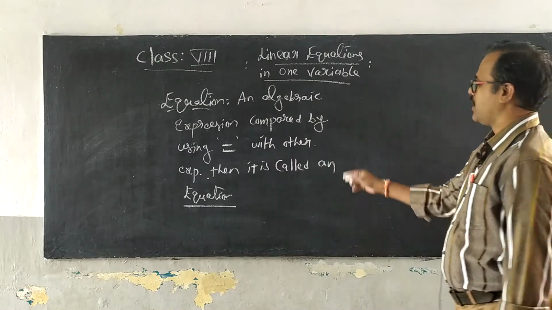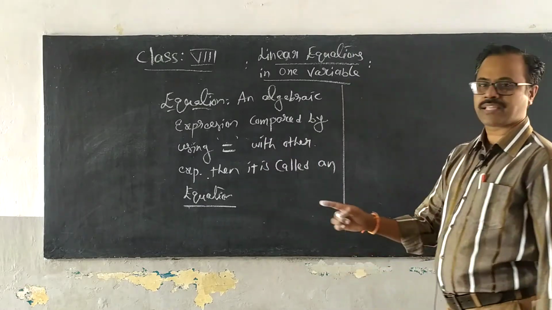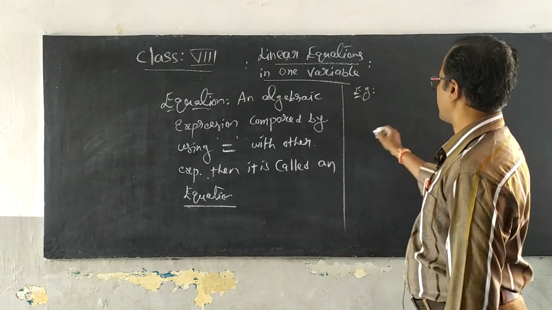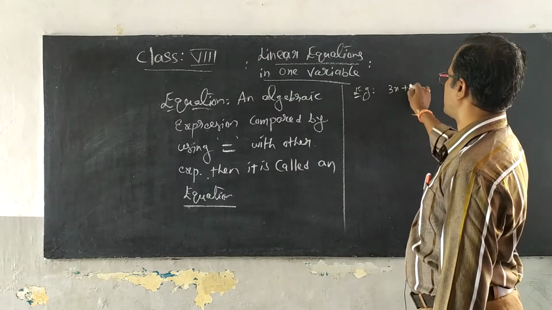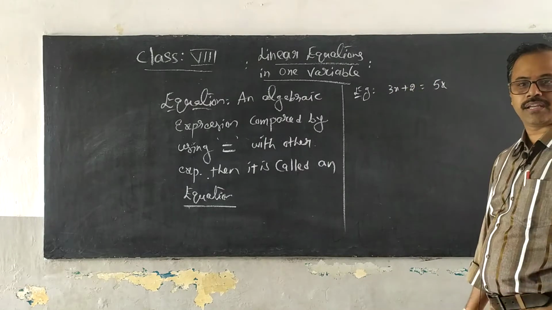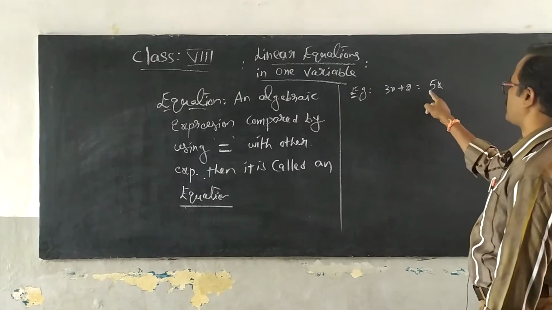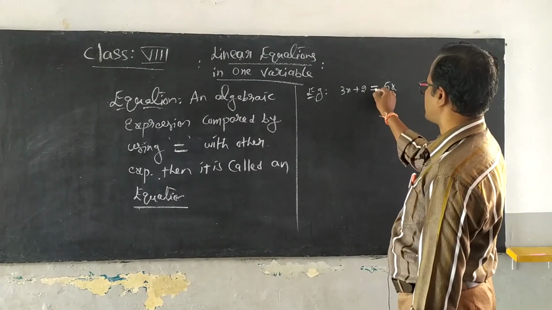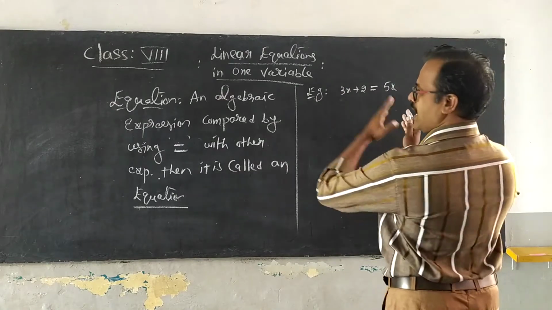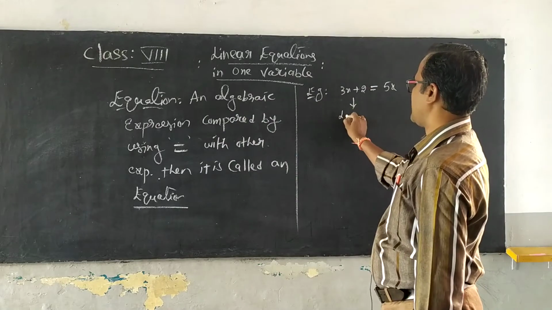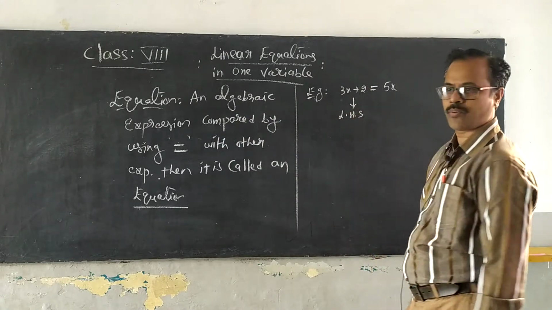Okay, right. Now how do we write the equations? I said yesterday, whenever I write an example here, okay, 3x plus 2 is equal to 5x. You can observe here clearly what is 3x plus 2 and what is 5x called. When you are standing at the position of equal to, your left hand shows the LHS, that means left hand side of the equation.